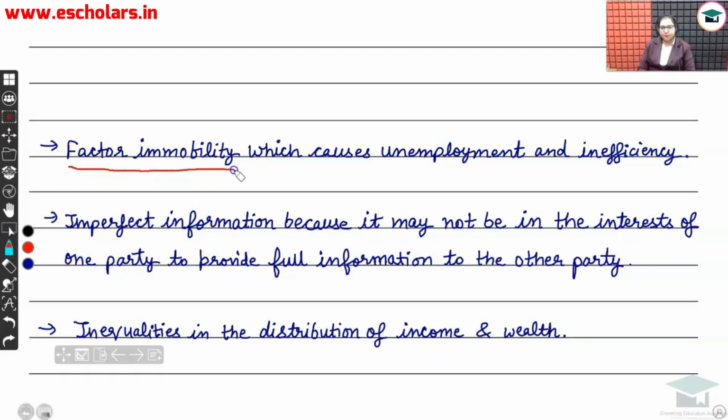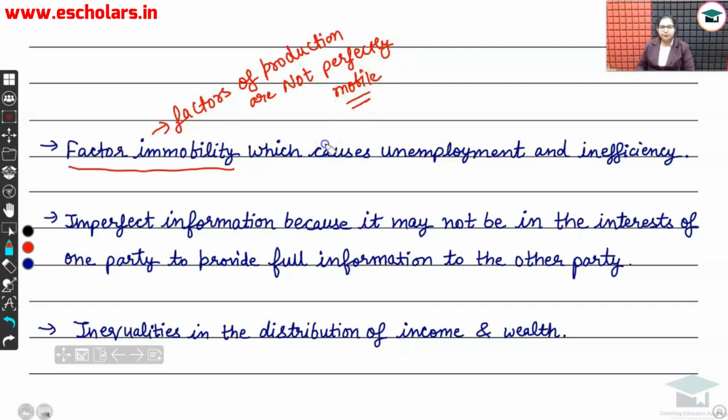Also, factor immobility, that is, the factors of production are not perfectly mobile. That is, the factors of production are not able to move from one sector to another sector easily.